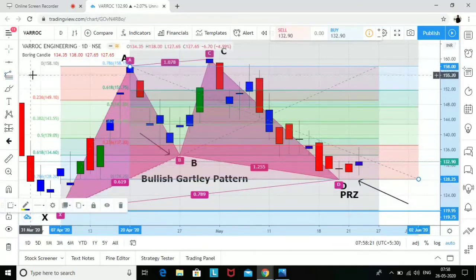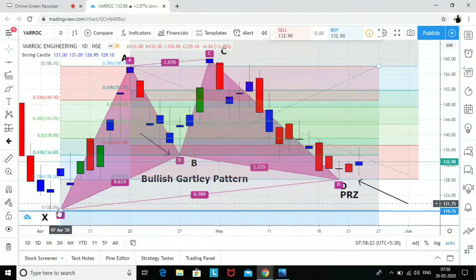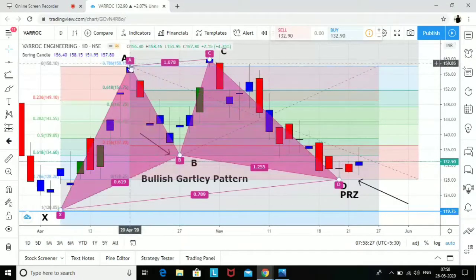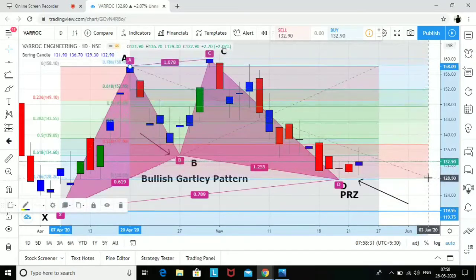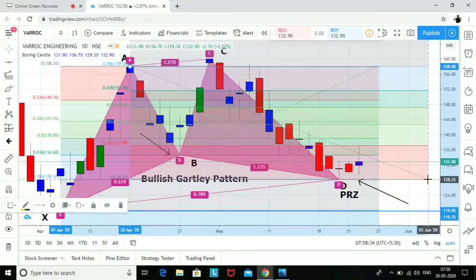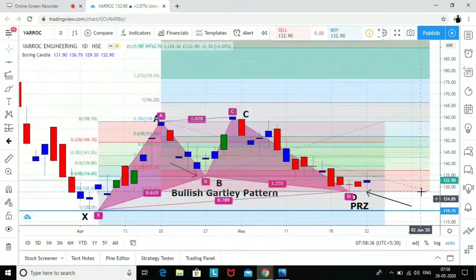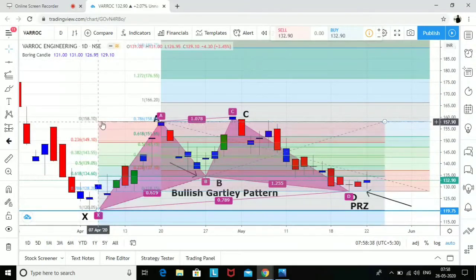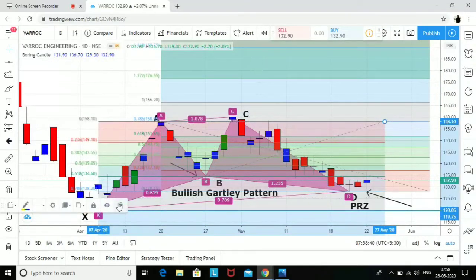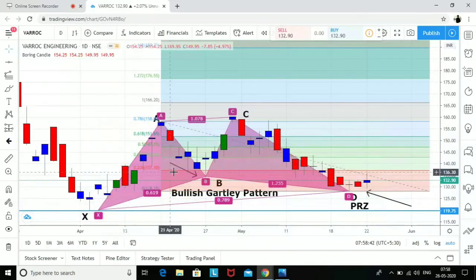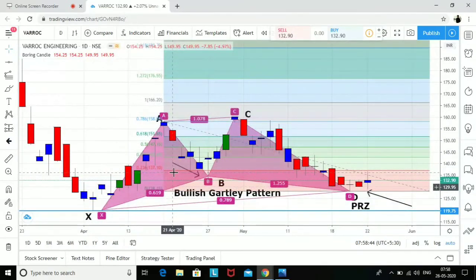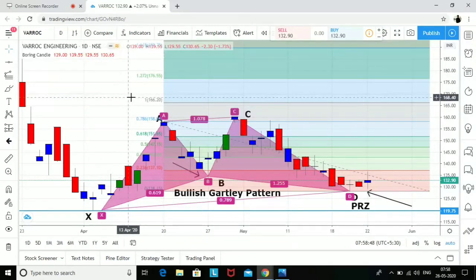So what I did is I plotted Fibonacci extension in such a way that I started from X, went till A, and then dragged it down till E, which is the price reversal zone, right? Something like this. Now, let me first get rid of the earlier Fibonacci to avoid confusion. Yes. Now, if you see, these are the other ratios, and extension is always helpful to plot the targets.